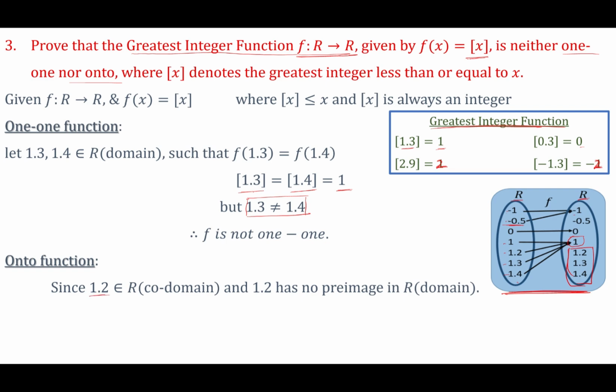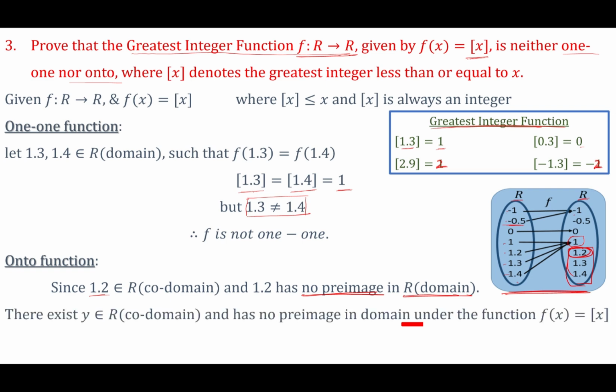Since 1.2 belongs to codomain, and 1.2 has no pre-image in domain, so it is not an onto function. A general statement we write like this: there exists y belongs to codomain and has no pre-image in domain under the function f of x is equal to greatest integer function of x. Therefore, the given function is not onto.